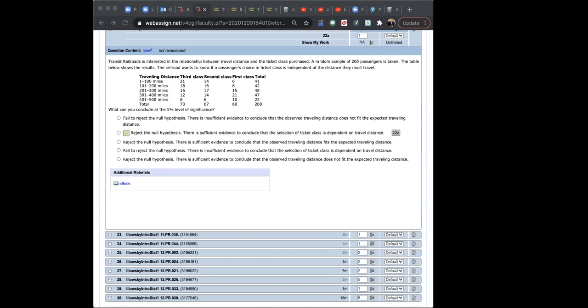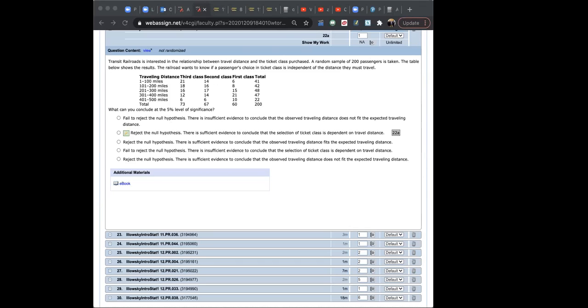Remember how we make a decision in a chi-square test, or in all of the tests that we've considered here. If the p-value is low, H0 is a no-go. That is, if the p-value is smaller than alpha, in this case, alpha is 5%.